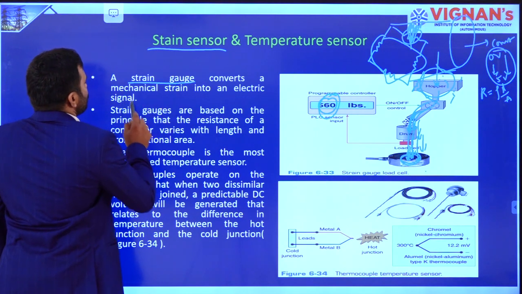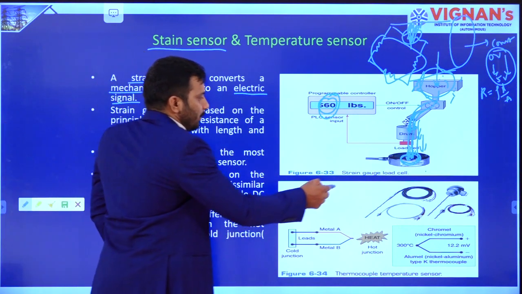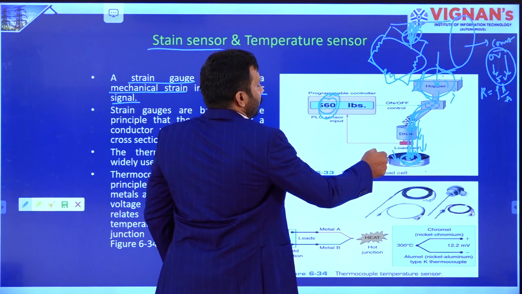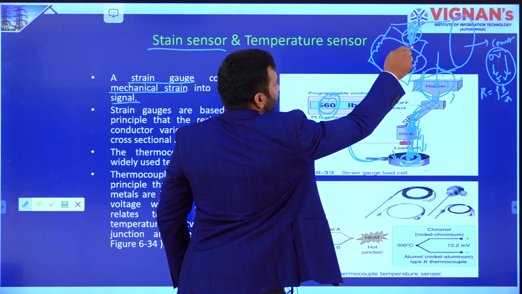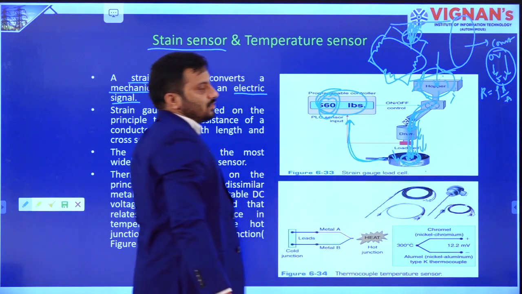Strain gauge is used to convert mechanical strain into an electrical signal. What I said is that the mechanical strain on this load cell is converted into a change in the electrical voltage signal. What I explained here is that proportionally the value is displayed over here.